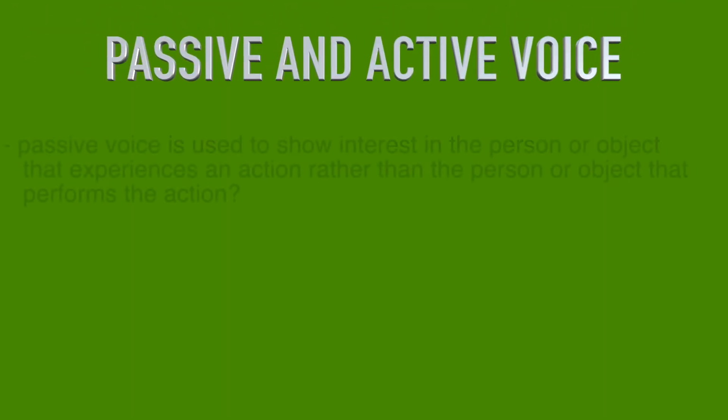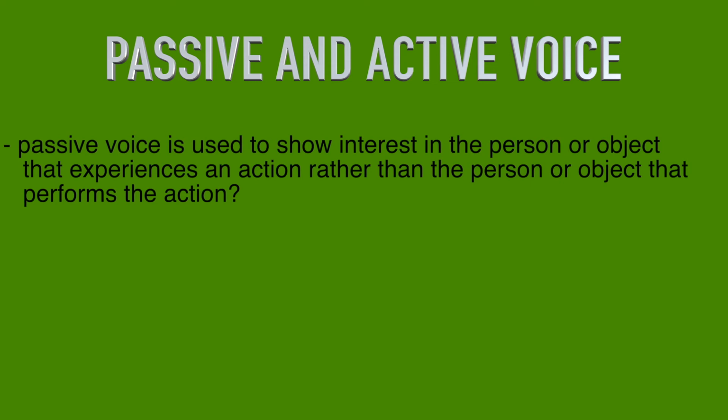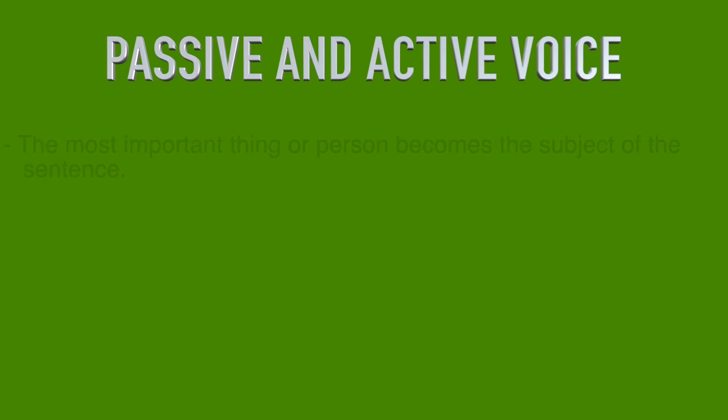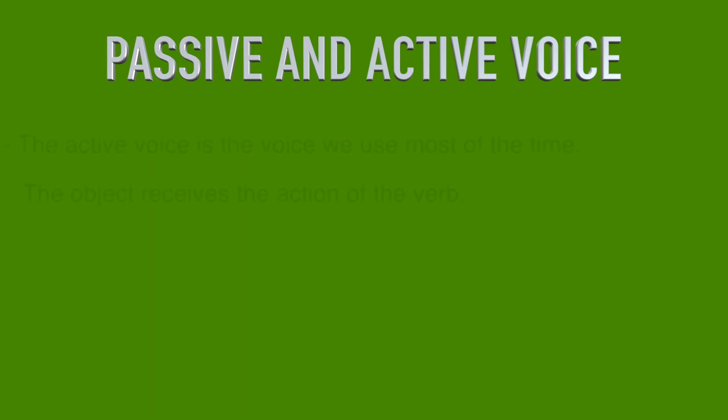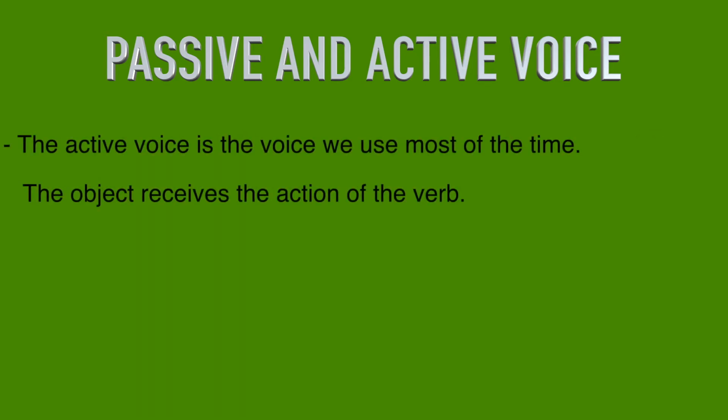Viewers, did you know that the passive voice is used to show interest in the person or object that experiences an action rather than the person or object that performs the action? In other words, the most important thing or person becomes the subject of the sentence. The active voice is the voice we use most of the time.